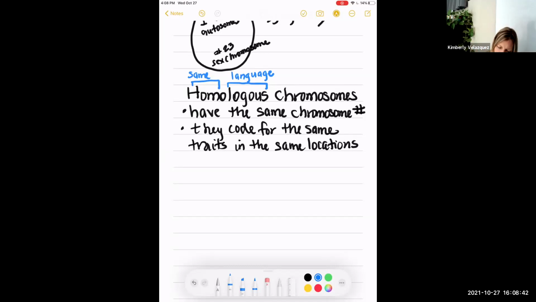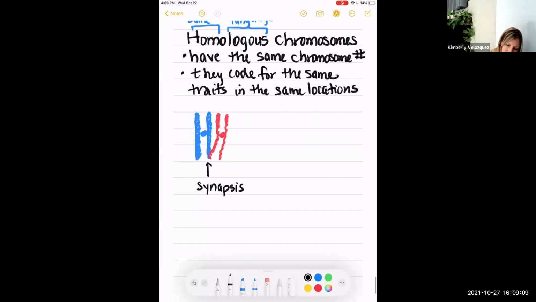And let's say this is chromosome number 1. So here's one from dad, and here's one from mom. And they're actually going to physically touch each other, which is called synapsis. And so these are homologous chromosomes.